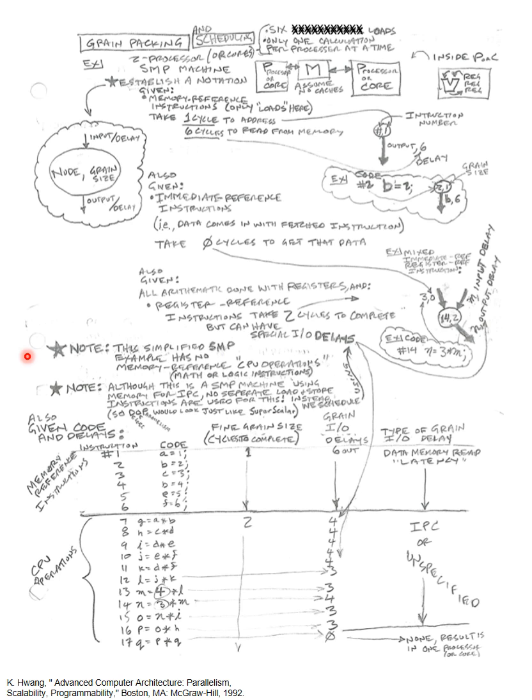And so the math operations don't have any memory reference, they're just register reference. Also a note, although this is an SMP machine using memory for interprocessor communication, there are no separate load and store instructions like we saw in our examples above, in our hardware and software parallelism comparison.